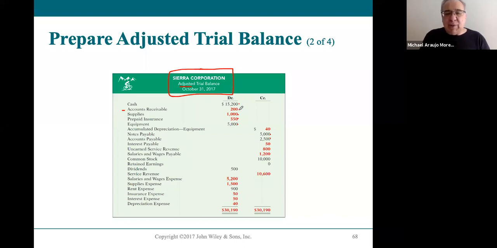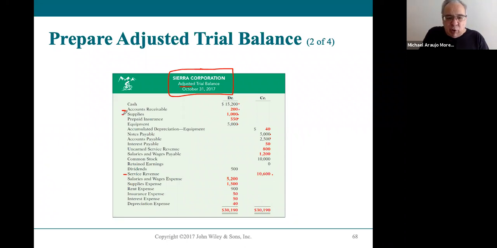So what we have to do is make sure that we put that revenue earned in that period of time. So here, for Sierra Corporation, as you remember, we had to go ahead and put in an accounts receivable for $200 so we can put that money in our service revenue account. That was the first one we did in learning objective 3. And so this is how these 2 accounts are affected.